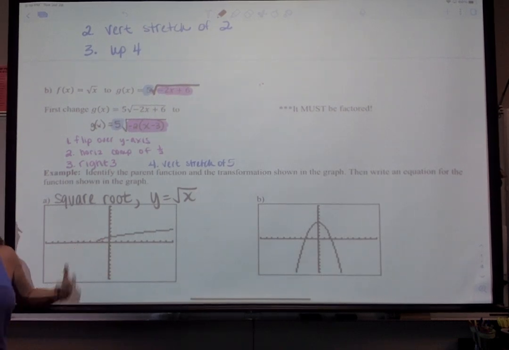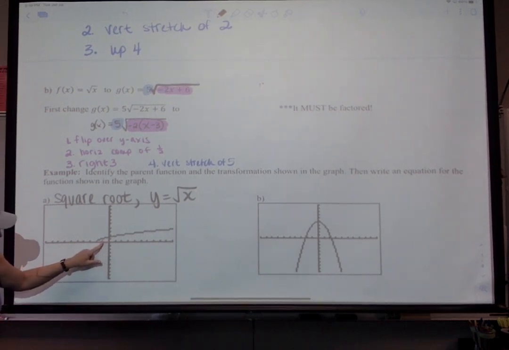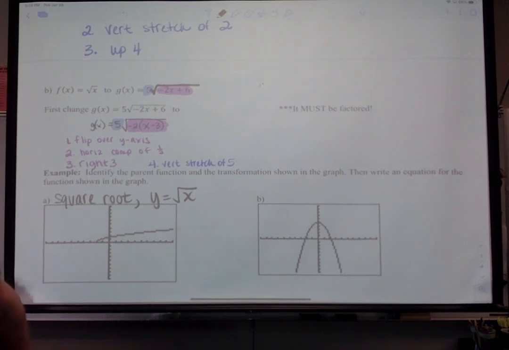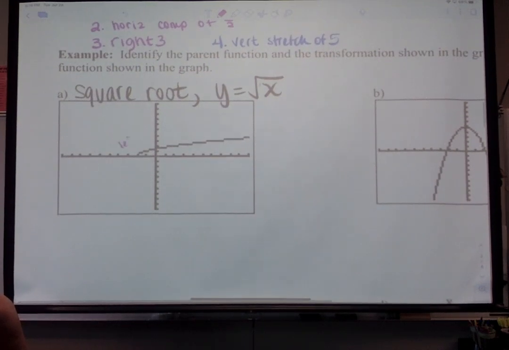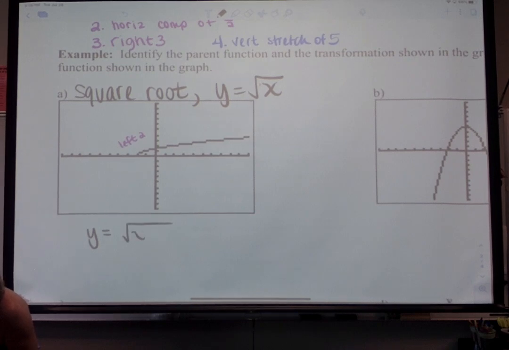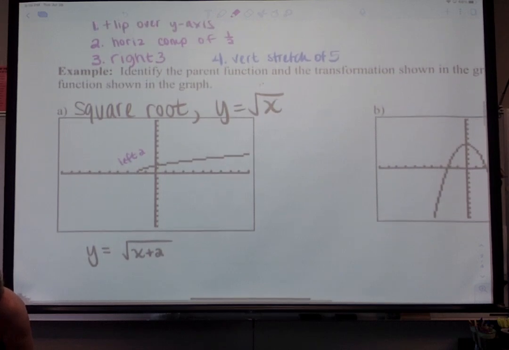And then what happened? Well, I think it went left 2. Left 2. Look good?